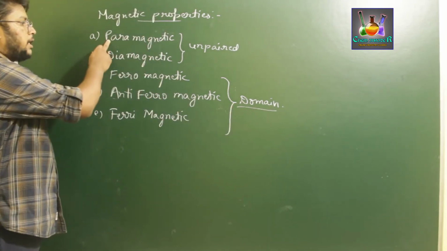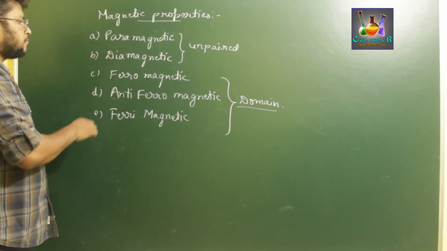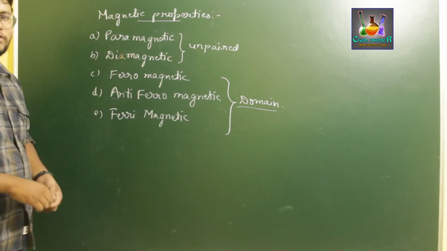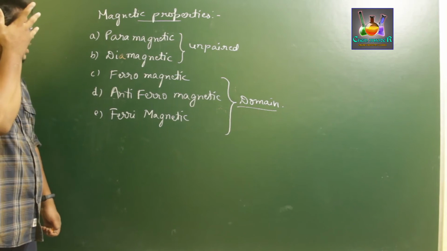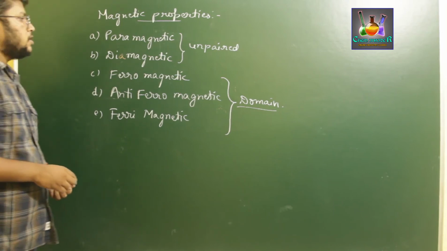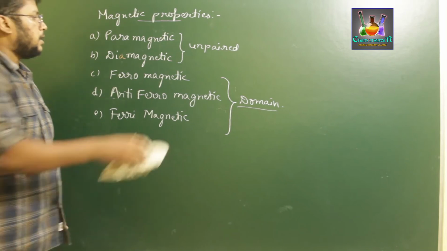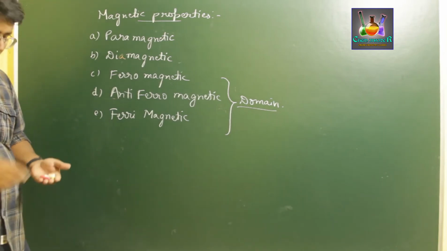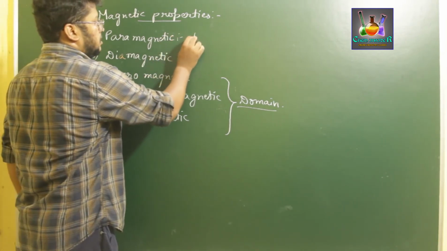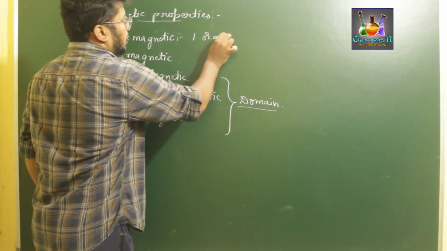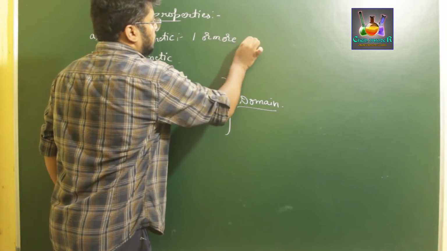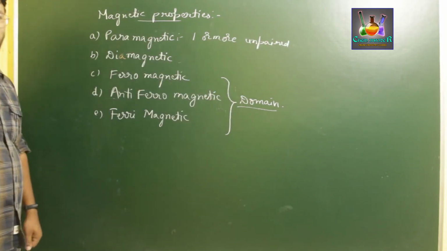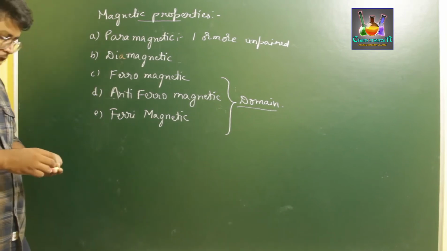First we will discuss paramagnetic and diamagnetic substances. These are those which have either one or more unpaired electrons or no unpaired electrons at all. Paramagnetic substances are those which have at least one unpaired electron.